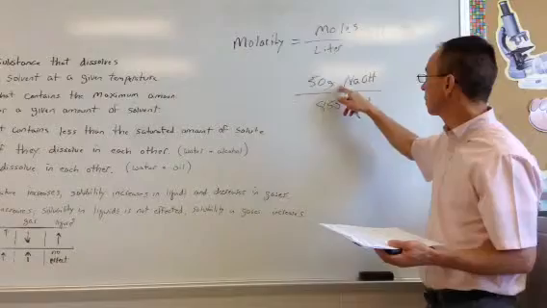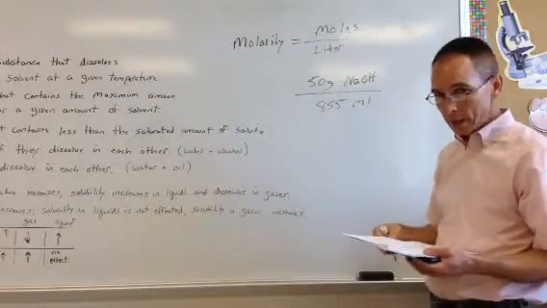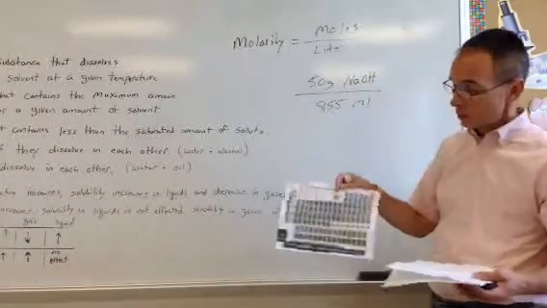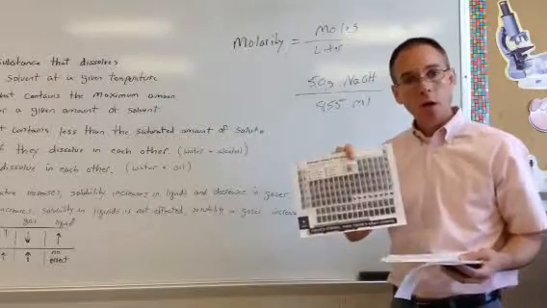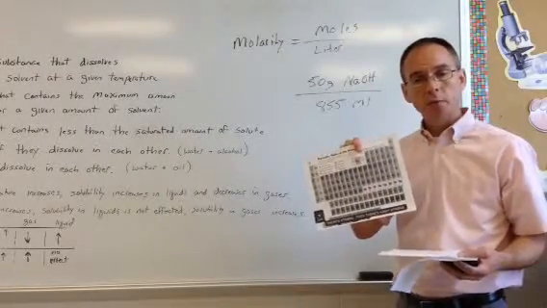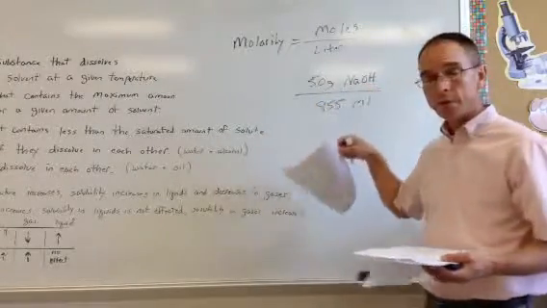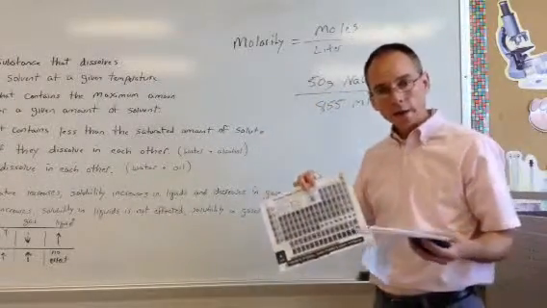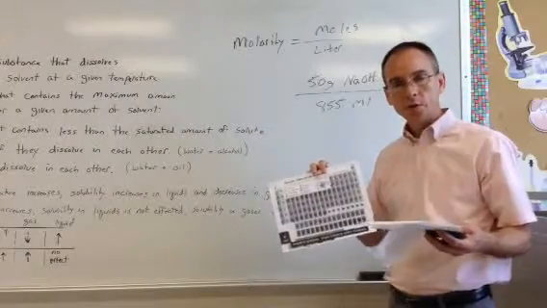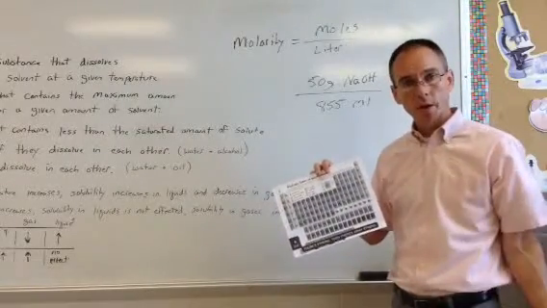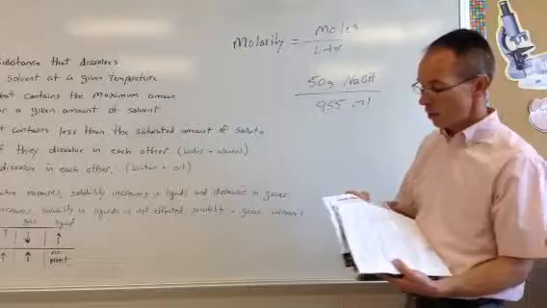If I have 50 grams of NaOH, I need to know how many moles that is. Well, I can look that up on my periodic table. I can add up all the atoms in the molecule: the sodium plus the oxygen plus the hydrogen. The combined weight of all the atoms in that molecule is the weight of 1 mole of sodium hydroxide. So let's do that.